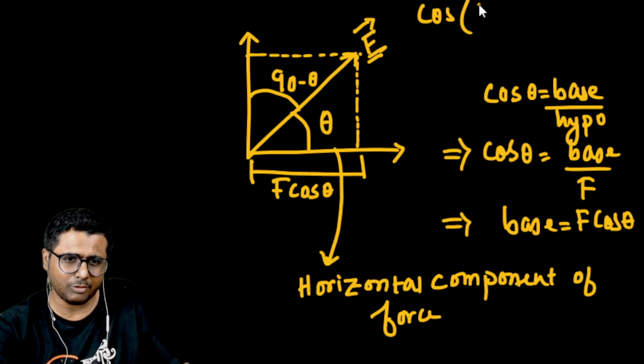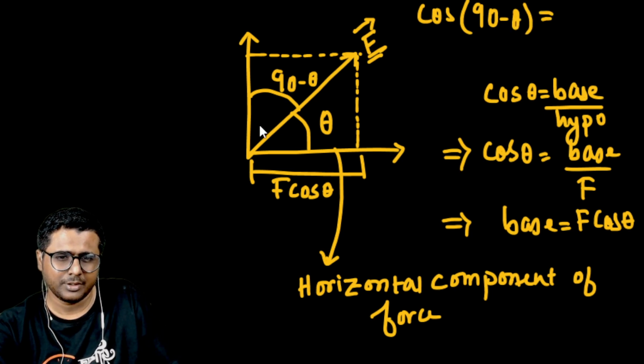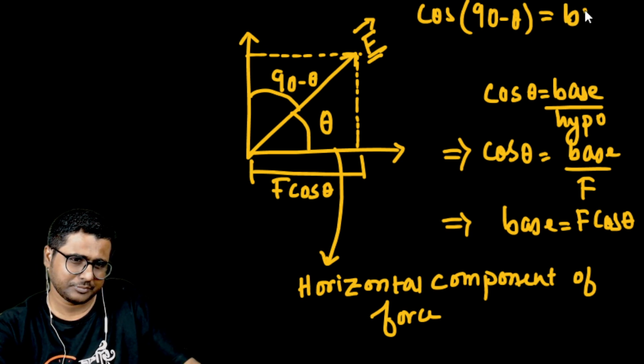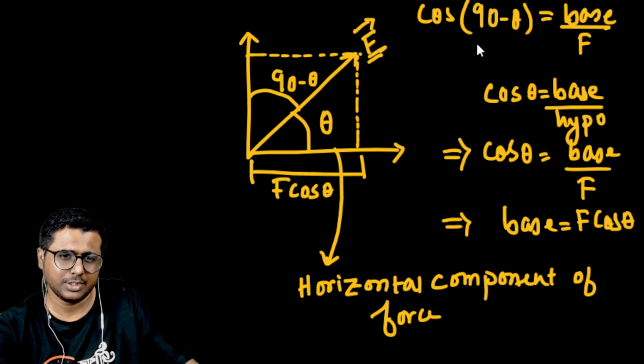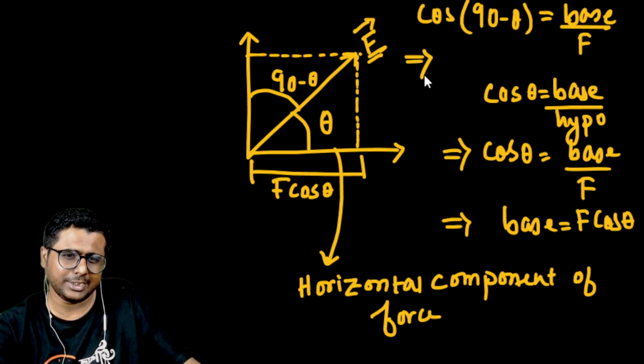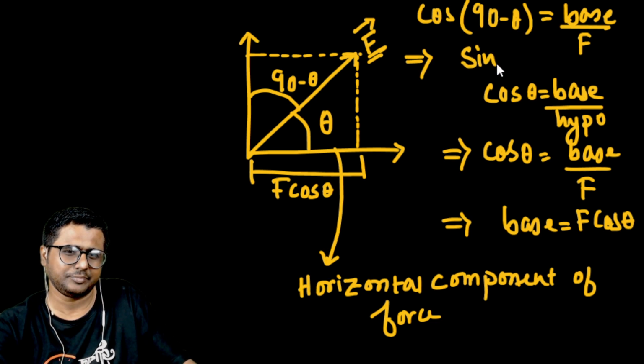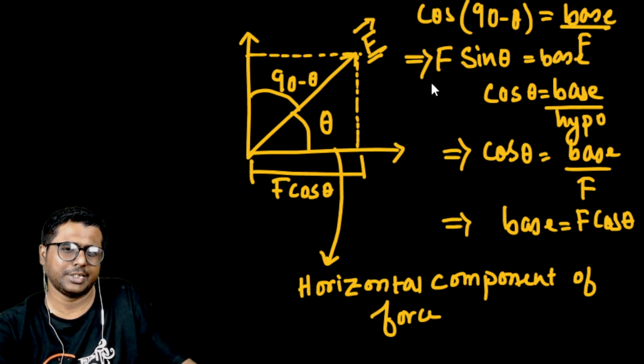So here I will take cos of 90 minus theta is equal to base by hypotenuse. What is this? This is the base. And what is the hypotenuse? The hypotenuse is the force, this one. What is cos 90 minus theta? I think everybody knows that cos 90 minus theta is sin theta, complementary angles, into force is equal to the base over here.